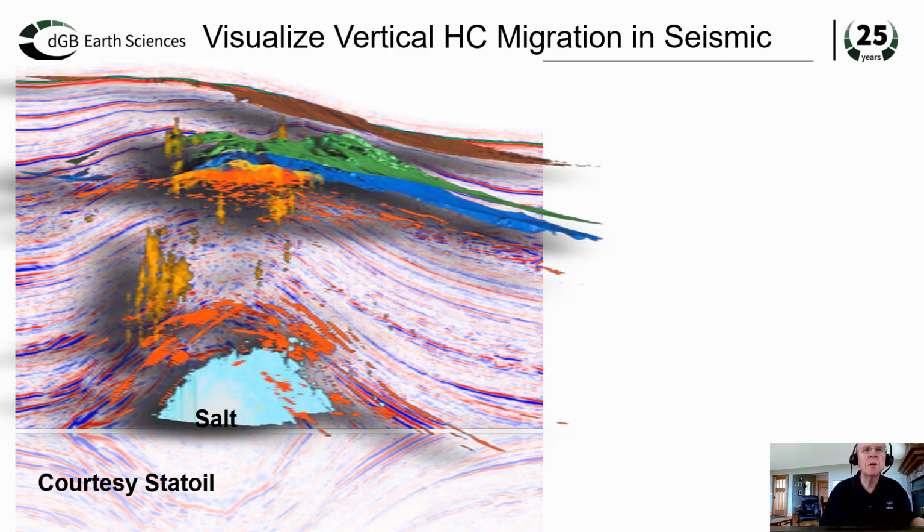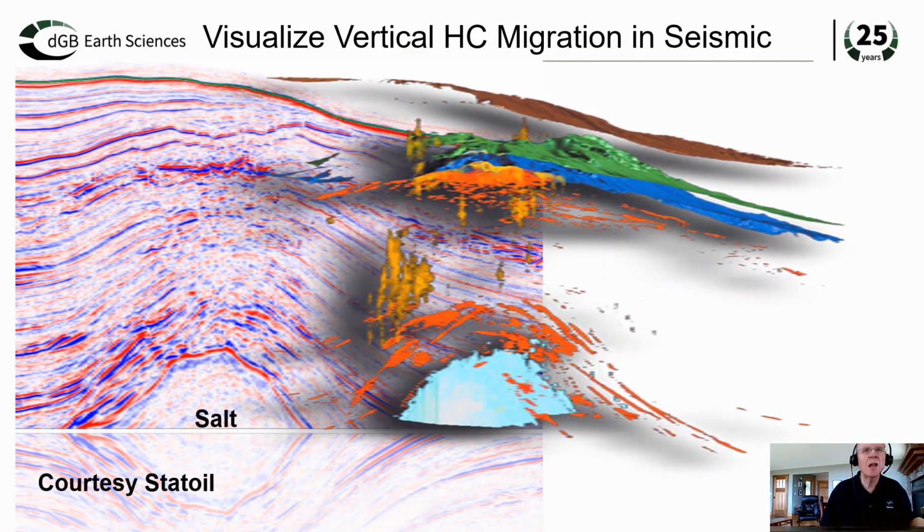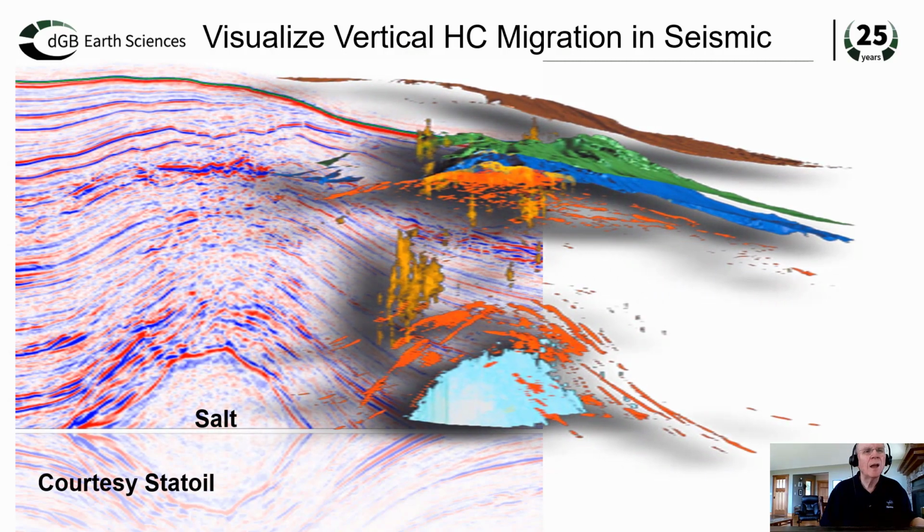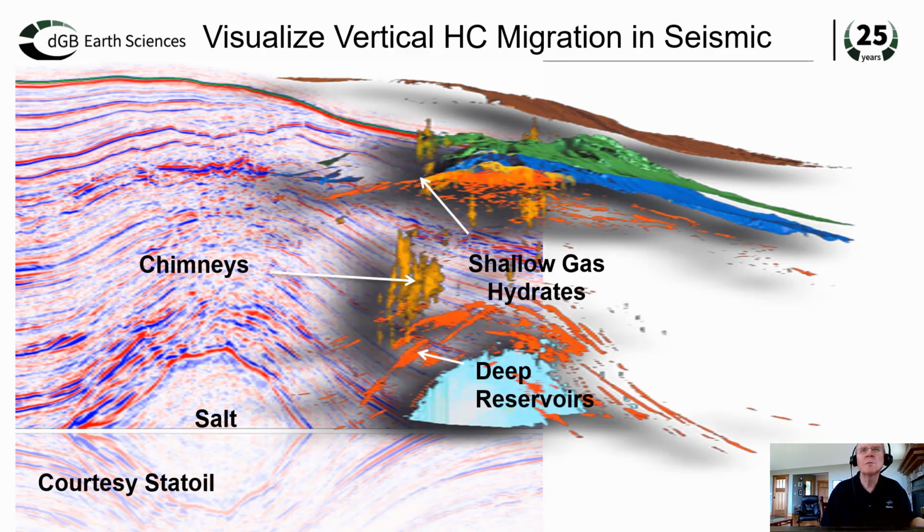The resultant chimney probability volume can be overlaid on seismic and displayed in 3 dimensions, and potentially show where the hydrocarbons originated from in either deep reservoirs or source rock intervals, how they migrated into shallow reservoirs, and then how they leak from these reservoirs to form shallow seepage.